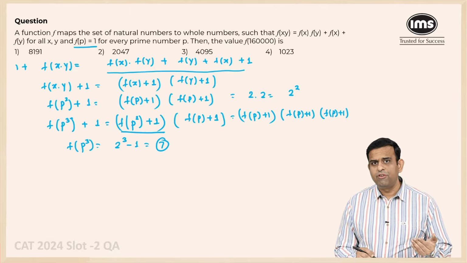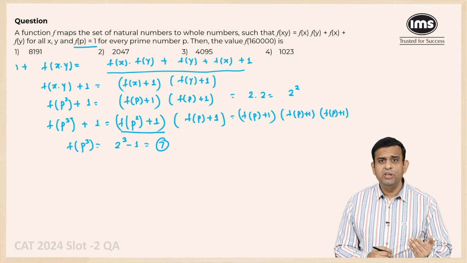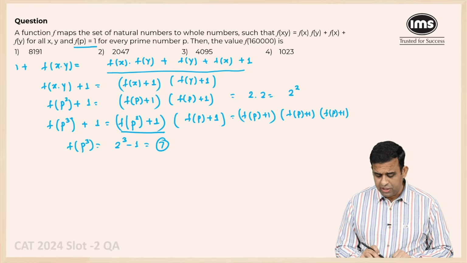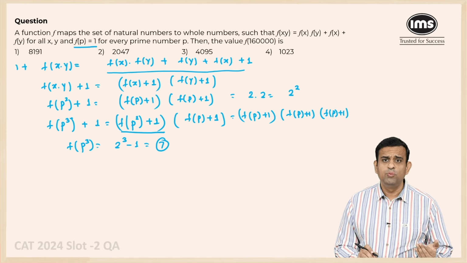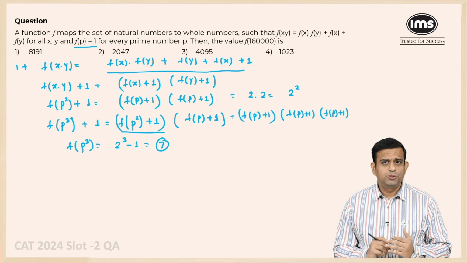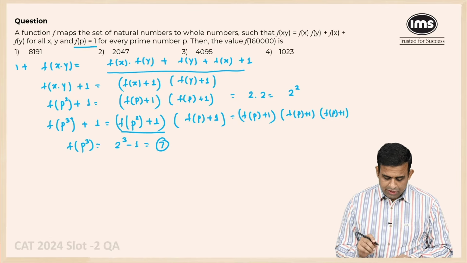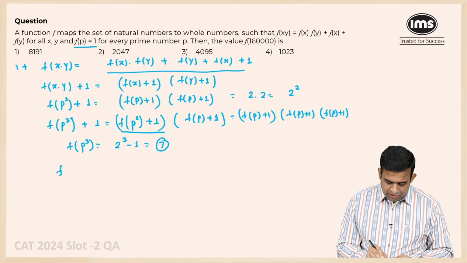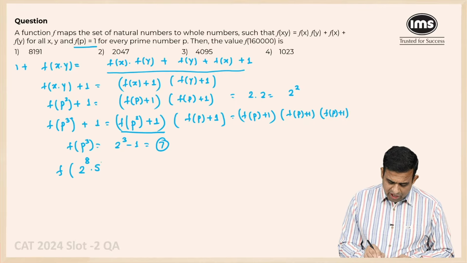So please note, f of p square is, one can say, 2 square minus 1, which is 3. f of p cube is equal to nothing but 2 cube minus 1, which is 7. If I have, let's say, f of p power 10, it will be equal to 2 power 10 minus 1, which is 1023. So in this particular context, the number was 2 raised to 8 into 5 raised to 4.